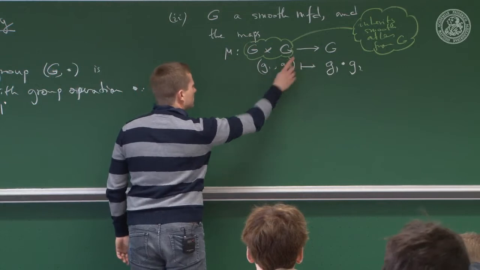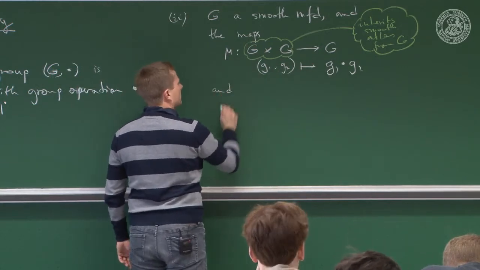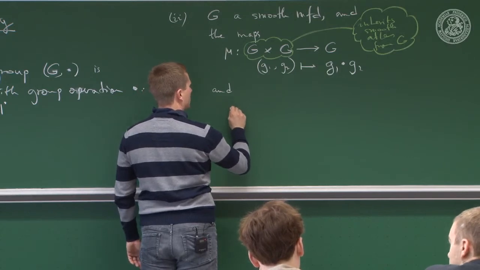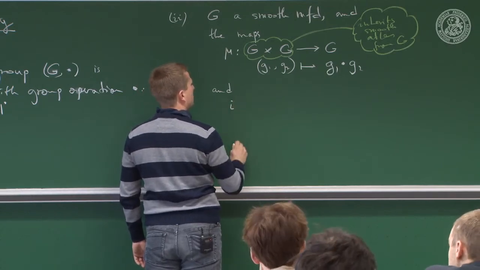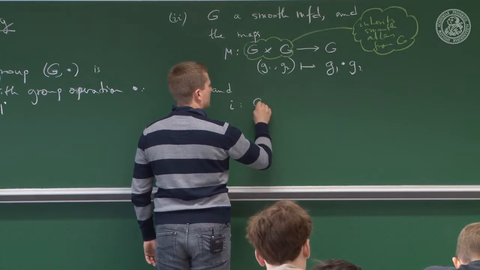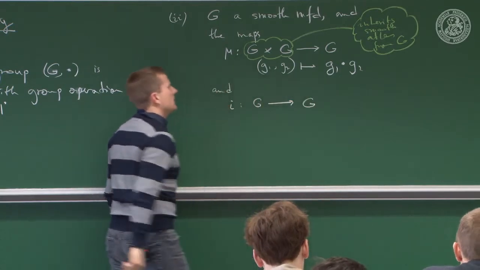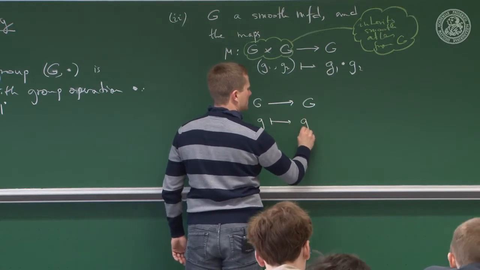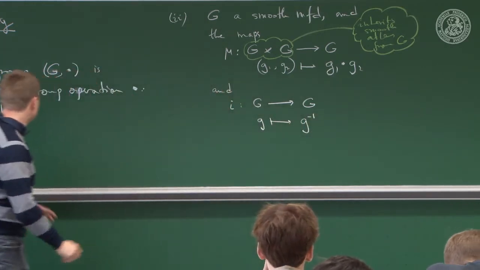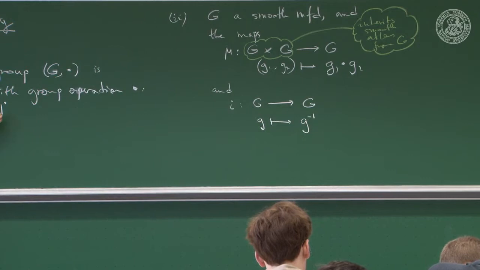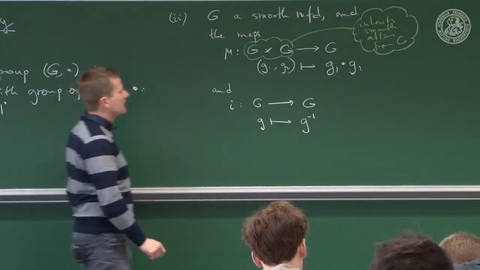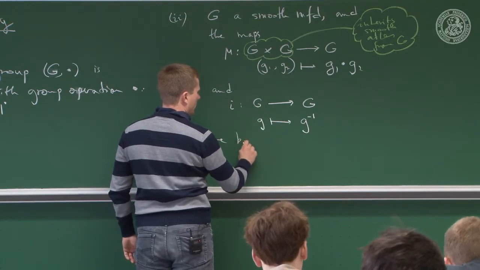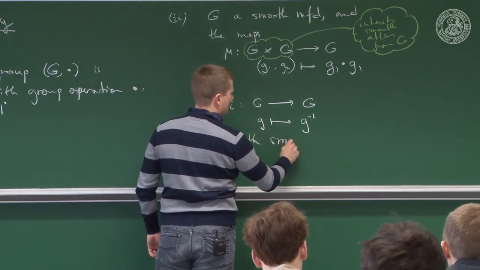And I give you another map, let's call it I, like inverse, that takes an element g of G to its inverse g inverse, whose existence is guaranteed by this axiom, and the maps mu and I are both smooth maps.